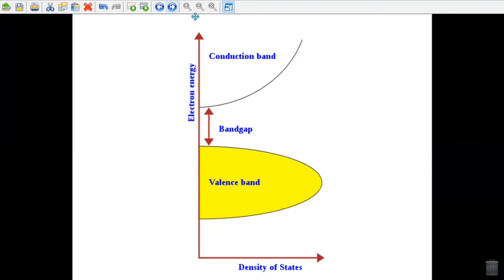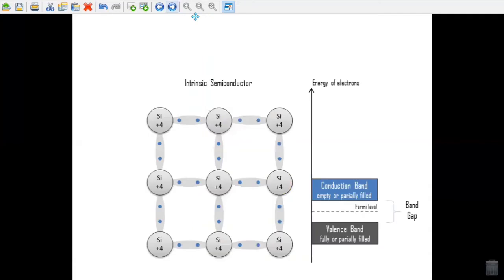The band is called a conduction band. If the band is below the Fermi level, the electron is bound to an atom. The band would be a valence band. Intrinsically, a semiconductor should have its Fermi level at the midpoint of the band gap. This is true of both insulators and intrinsic semiconductors.